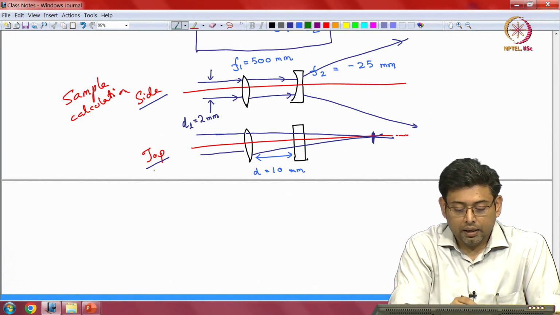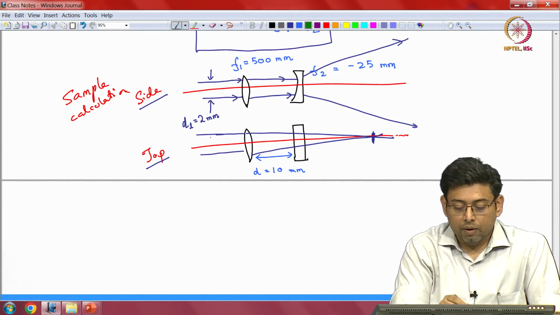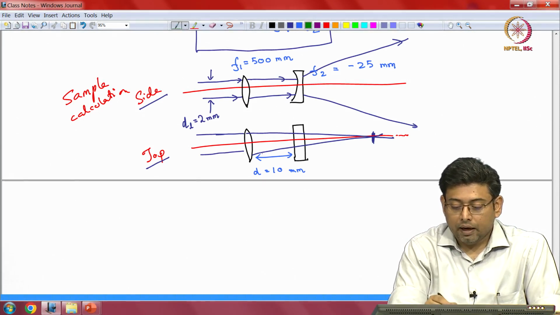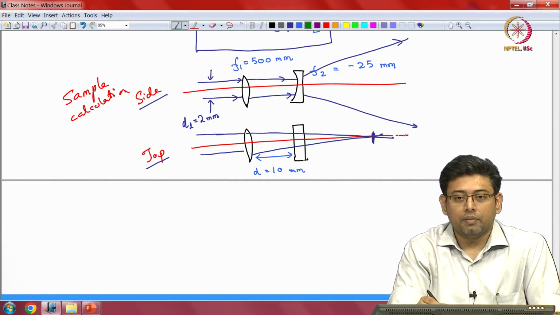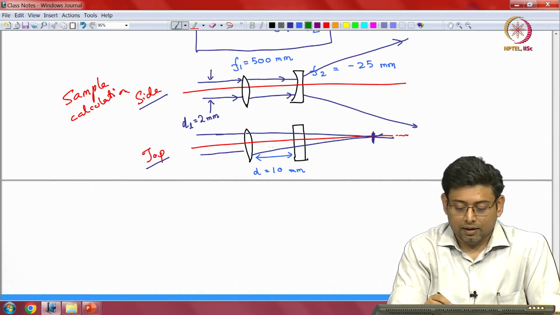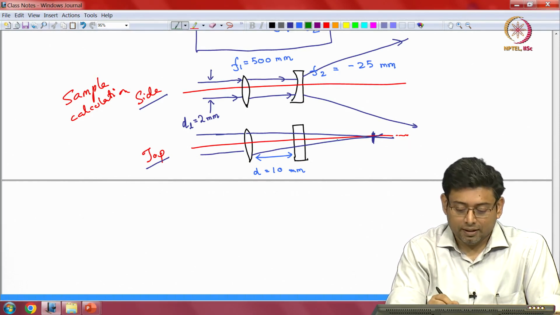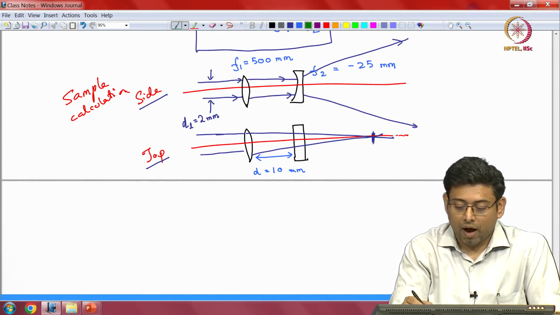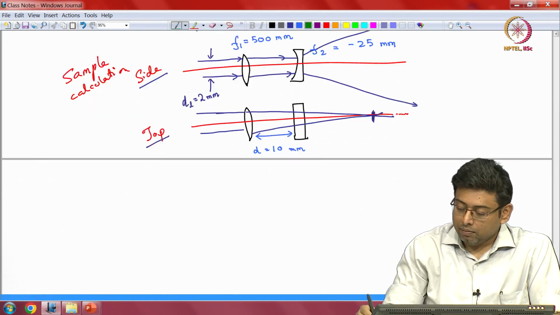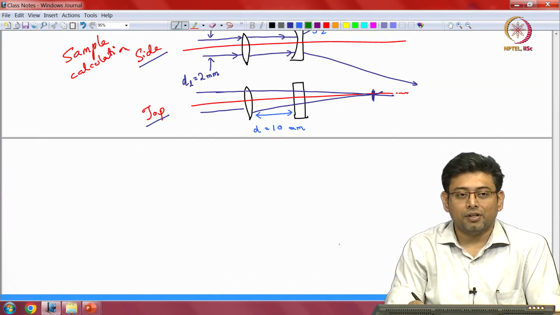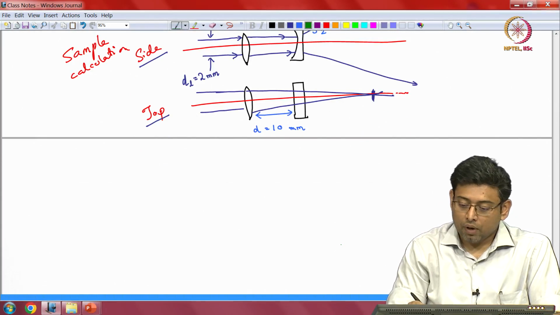This means that in the top view the collimated rays come and get focused 500 mm from the first lens, because the second lens is just a rectangular slab and does not affect the convergence of these light rays. So, this distance is going to be 500 mm. This is not to scale, and this is a highly exaggerated image. So, let us make sure that we take that into account.